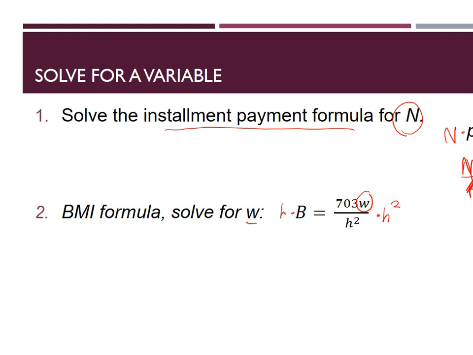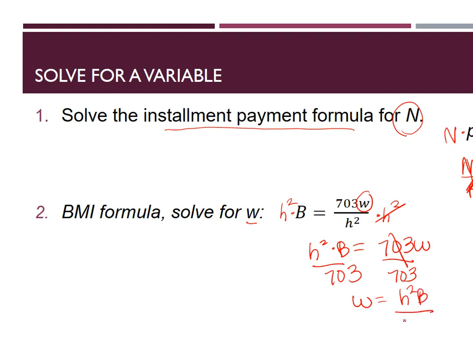That's going to give me h squared times b equals 703 W. And then to get W alone, I'll just divide by 703. And that gives me W equals h squared b divided by 703.